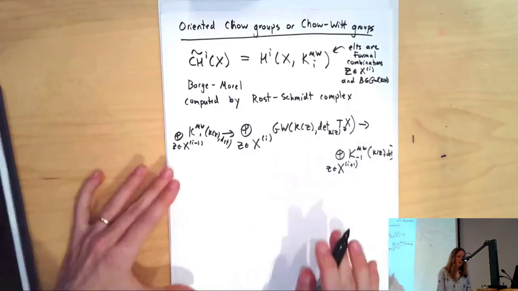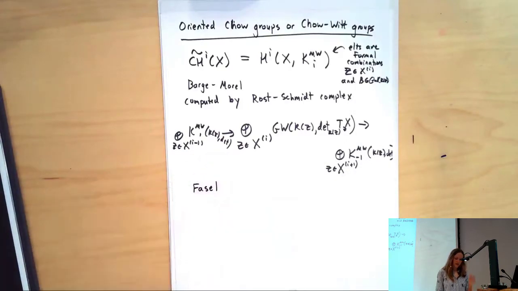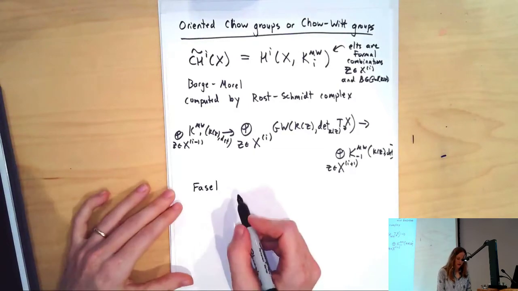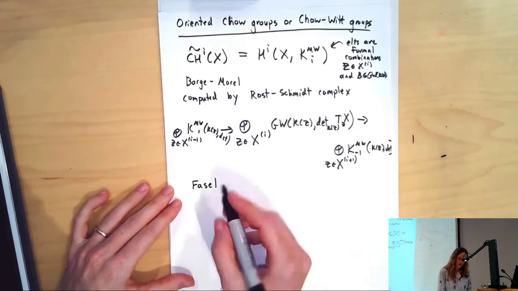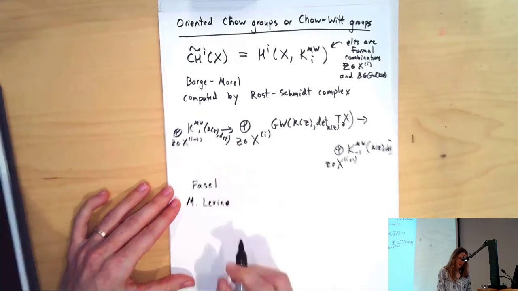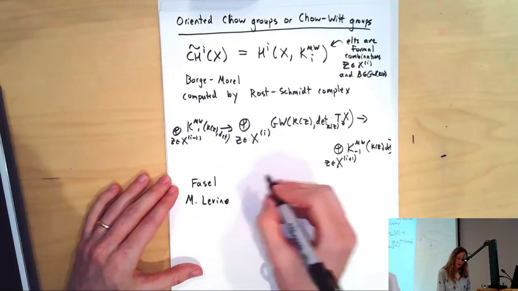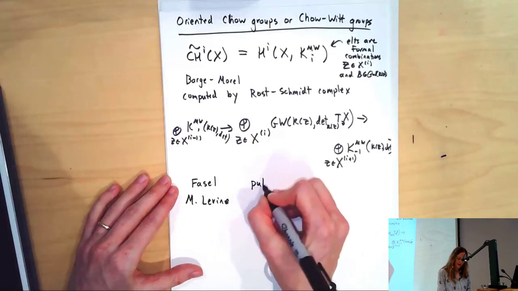And then there's structure here. So Fasel developed ring structure and push forwards and did a lot of work on this. And in the context of enumerative geometry, Mark Levine works with these. And so there's pullbacks.